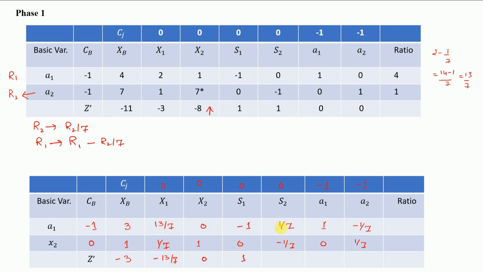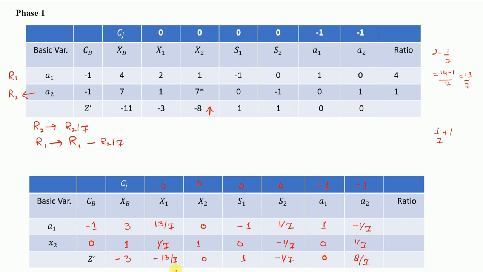This value is minus 1 by 7, minus 1 by 7, this is minus 1, and again you have to substitute minus 1, so this is 0, so this is minus 1 multiplied to minus 1 by 7 plus 1 by 7 plus 1. So this is, look at this, minus 1 minus 1 by 7, so this is 1 by 7 minus minus 1 means plus 1. So this is 7 plus 1, 8 by 7. So this is 8 by 7.